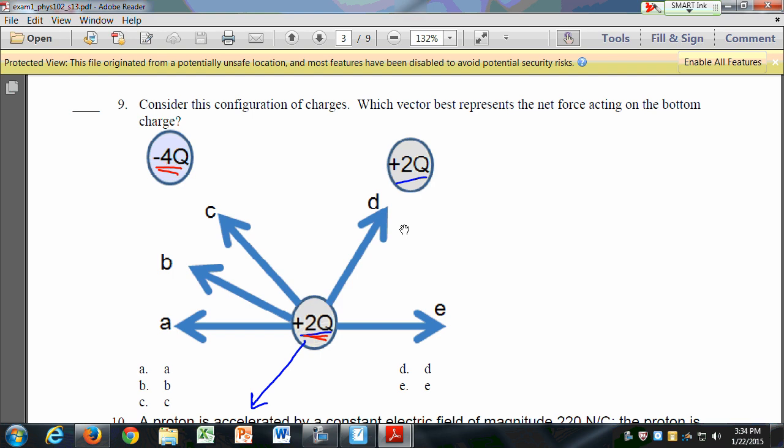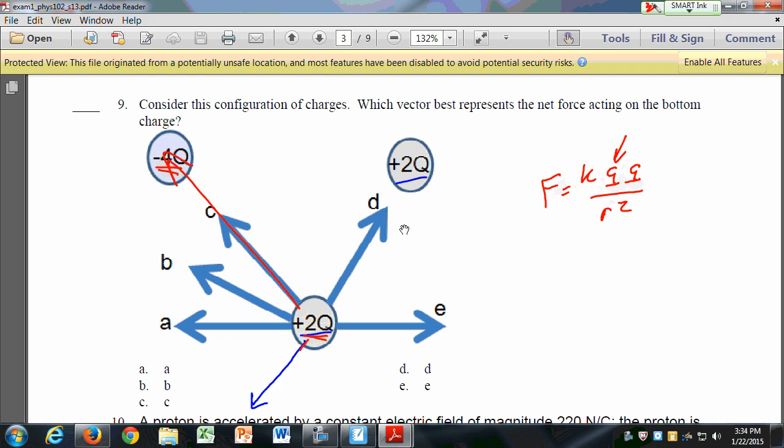It's doubled, right? Because I know that from Coulomb's law, F equals k q over r squared. If I double one of the charges, I double the force. Right? So I know that this vector is going to be twice the length of the blue vector here.